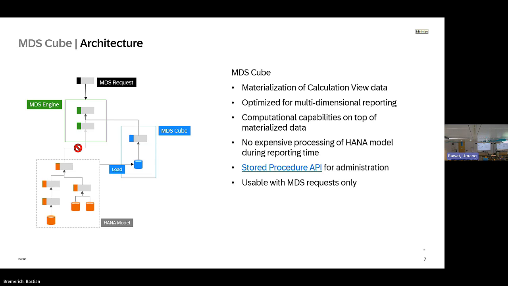I mean, they don't have to process the potentially expensive HANA model during reporting time. And of course, that means better runtimes for the MDS requests, sure. But that also means that the instance or the database is less likely to run into resource shortage situations.